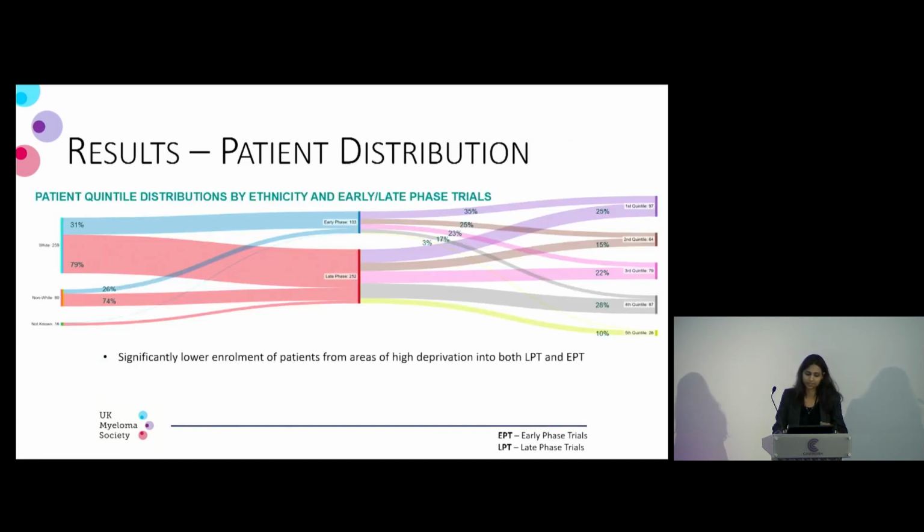Here is a quick visual representation of the flow of patients. As you can see, we had a lot more white patients than minority ethnic groups, and far fewer patients in the fifth quintile, which was highest deprivation, as opposed to the first quintile of least social deprivation.